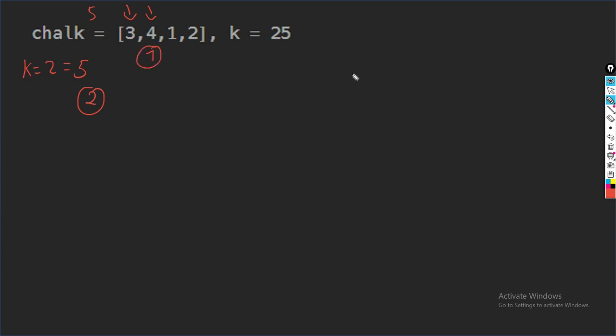So the only thing we need to do is find the sum of the chalks that each student needs, and take the remainder with k. So here we're going to say k modulo sum, and this will give us some remainder r.